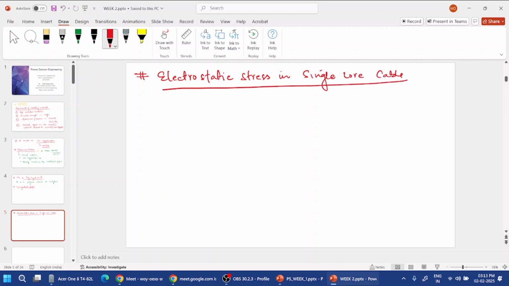How do we calculate it? Derivation is not possible in a two hour lecture, so I will give you the formula, then we will solve some questions on that.